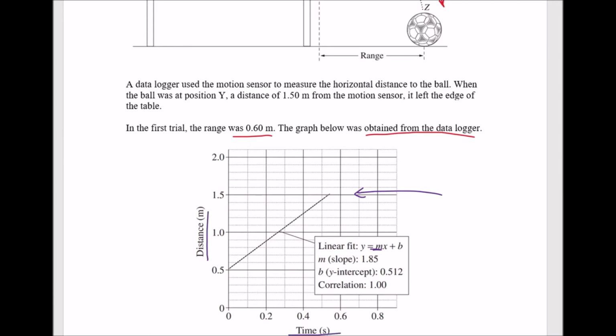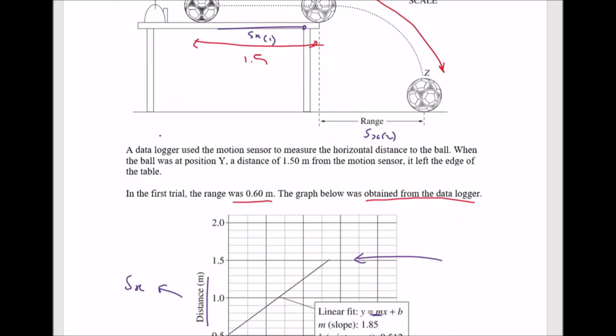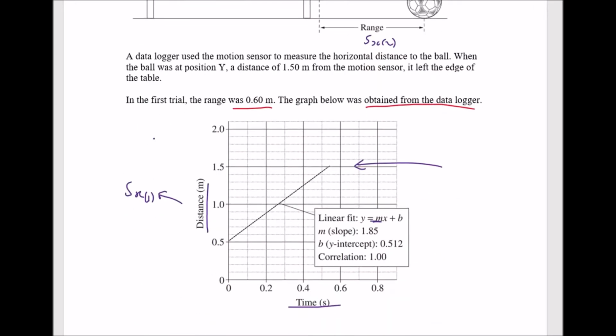What we know is distance is, in this case, because it's traveling on the table, our Sx distance there. Let's call it 1, because our range here, number 2, is the one we measure once it leaves the table. So let's just call that Sx1 first, so we don't confuse anyone. And then we have time, t.